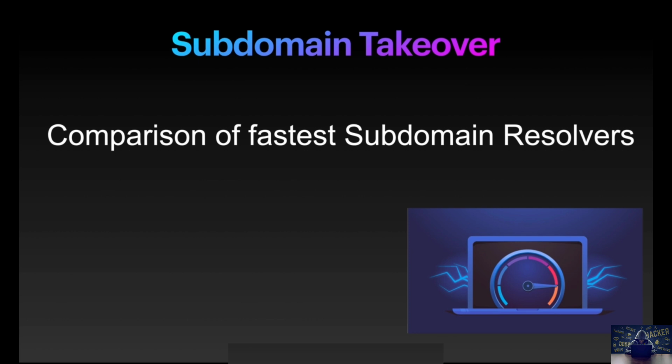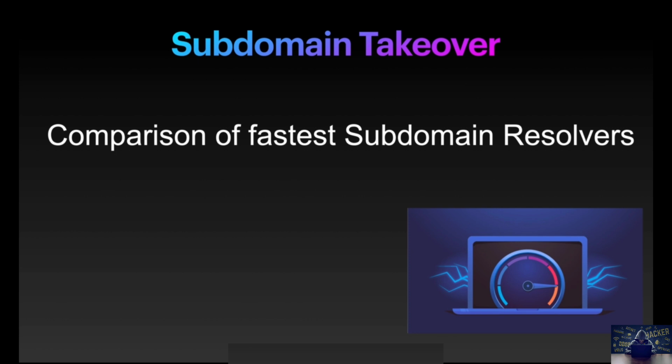Now what is the second thing that we want? The second thing is the fastest subdomain resolvers, which basically means, in simple words, we want the maximum number of subdomains in output with the minimum amount of time spent, which is very important for every one of us. We just cannot sit waiting for long hours to get the results of subdomain enumeration.